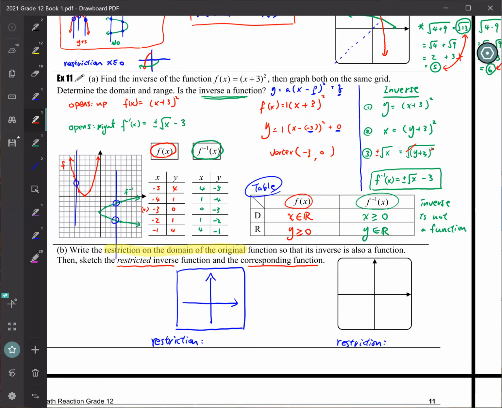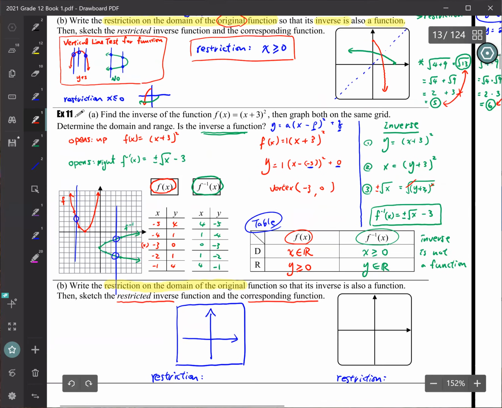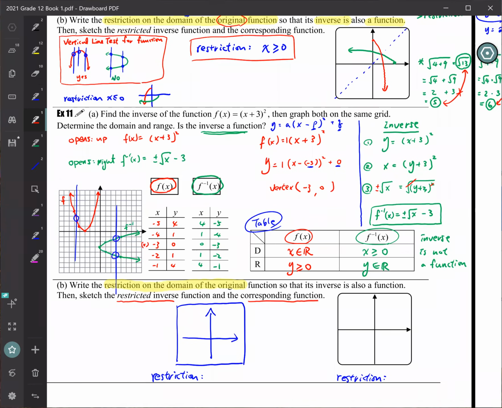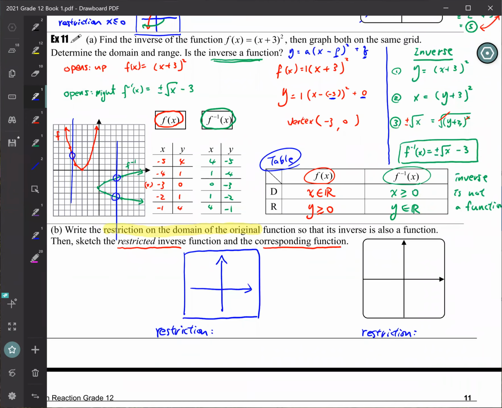So sketch both after the restrictions. And now I'll ask you guys to sketch it on the screen, okay?